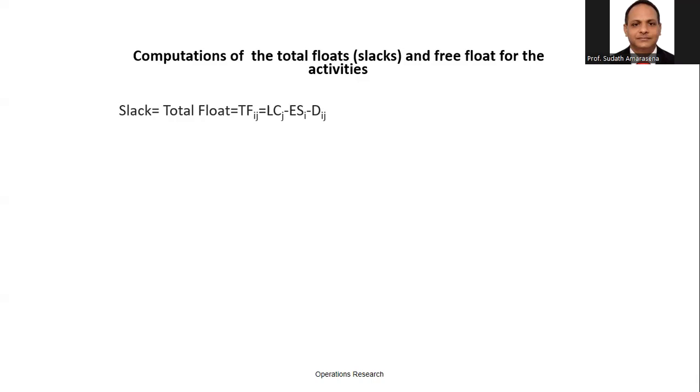TF equals LCJ minus ESI minus DIJ. Right? Again, LCJ means latest completion time J value, ESI the earliest starting time I value, and DIJ the particular activity duration.